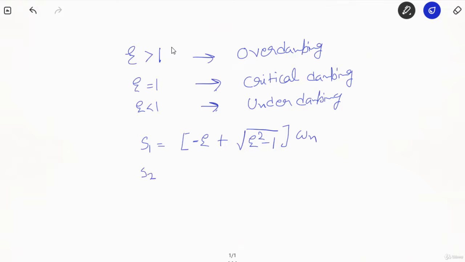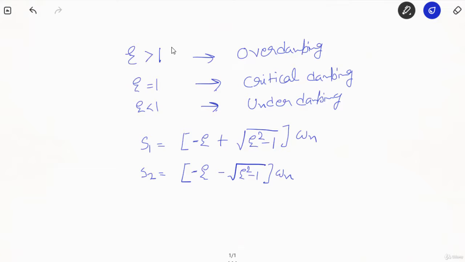Similarly, for s2, just a negative sign will come in place of this positive sign. The entire expression would remain the same, minus 1 omega n, right? We can adjust it by putting this J value in this solution, okay?